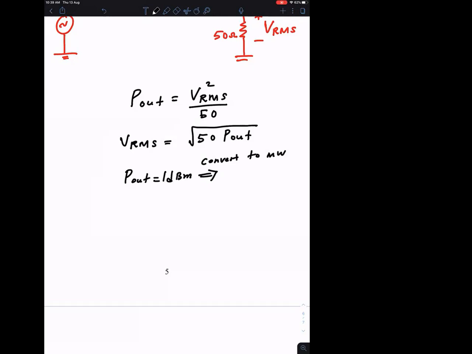All of you, please convert this to milliwatts. It's 1.2589 milliwatts.